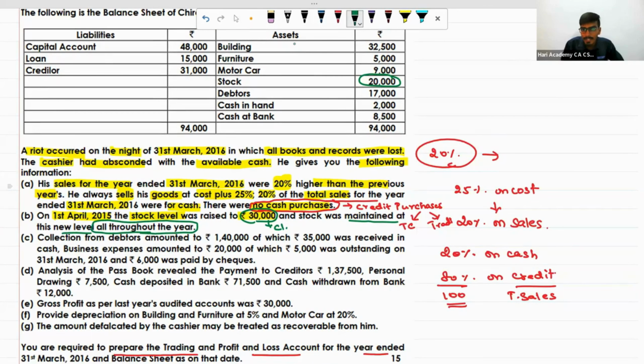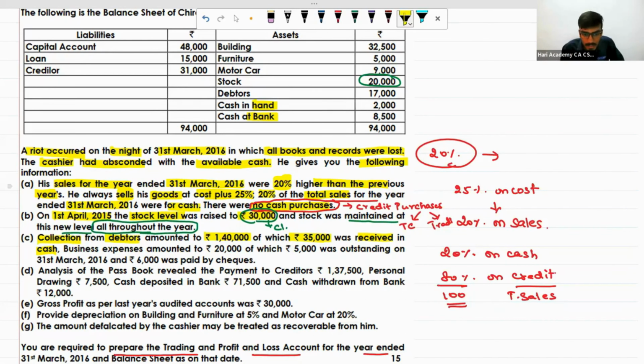After that, the information related to other items is given. Collection from debtors, that is the cash collection from debtors, is 1,40,000, of which 35,000 was received in cash. Here we have cash in hand, and here we have cash in bank. If they say 35,000 is received in cash, the remaining should be received through bank.